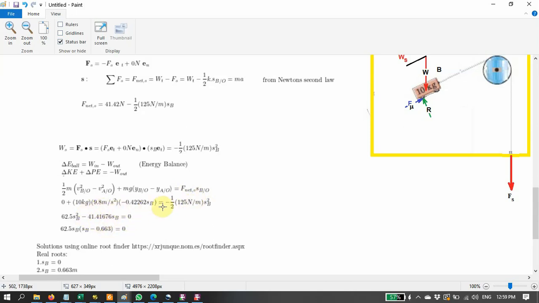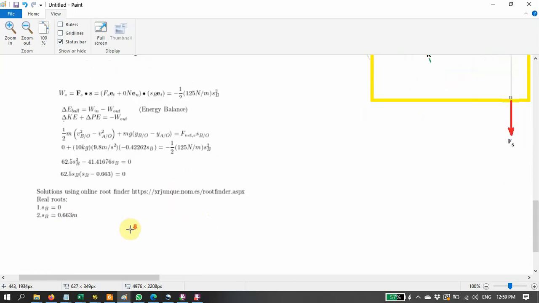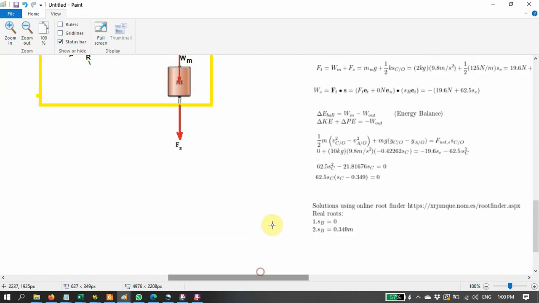So we just place in the equation, and finally this is a quadratic equation, and we can get the root of this equation, and we find that the 10 kilogram cart travels up to 0.6663 meters.